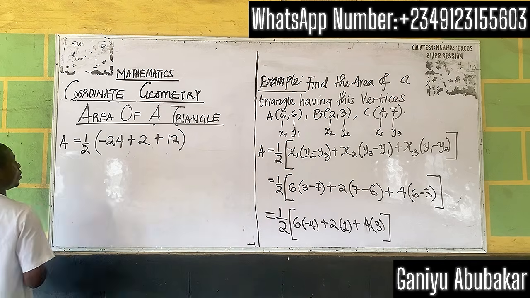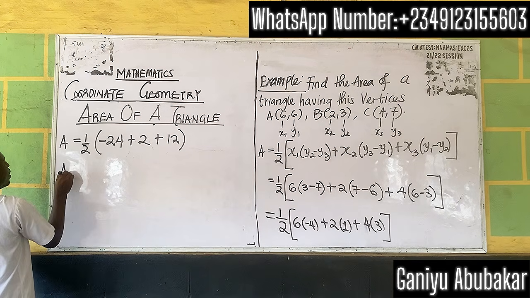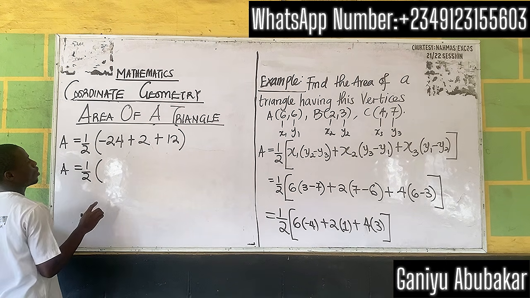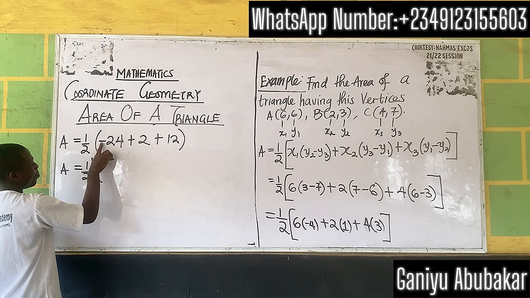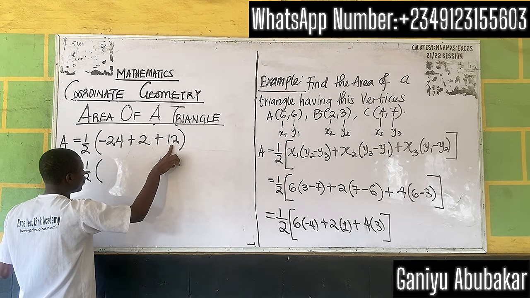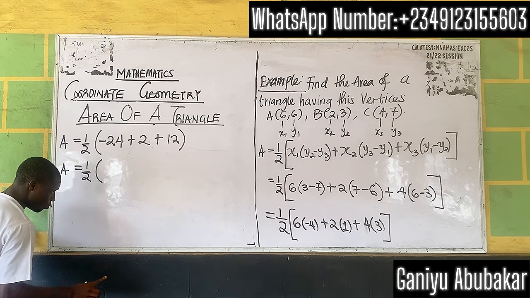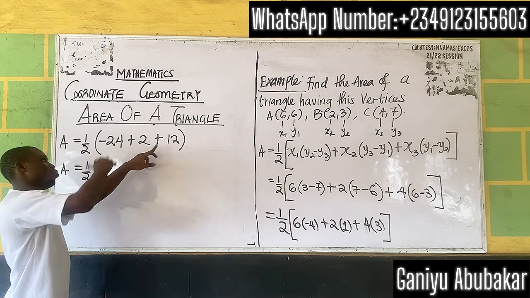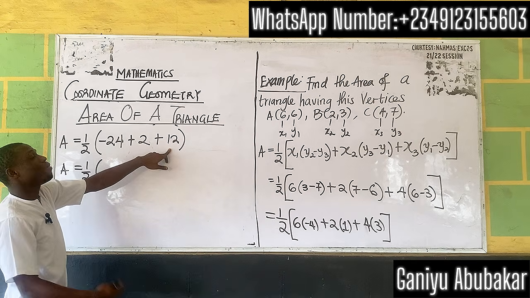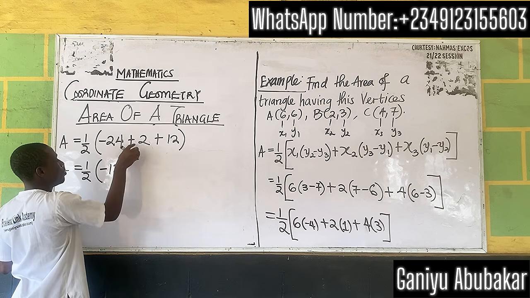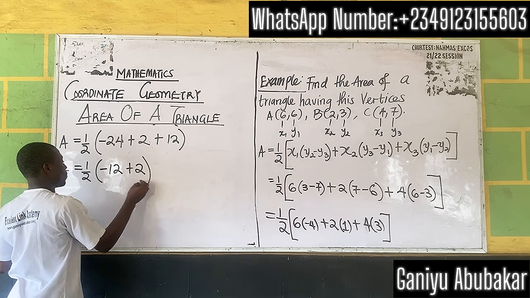All right. This gives you area equals 1 over 2 into minus 24 plus 12 gives you minus 12. So that gives you minus 12, then plus these 2.